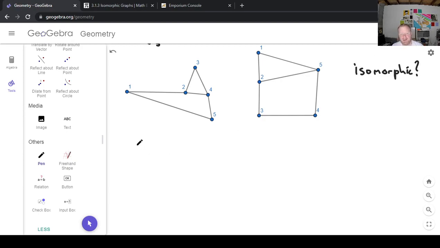So if I make a quick adjacency matrix for these two, we've got 5 points here. So I'll just start off with 1 to 1 is 0.